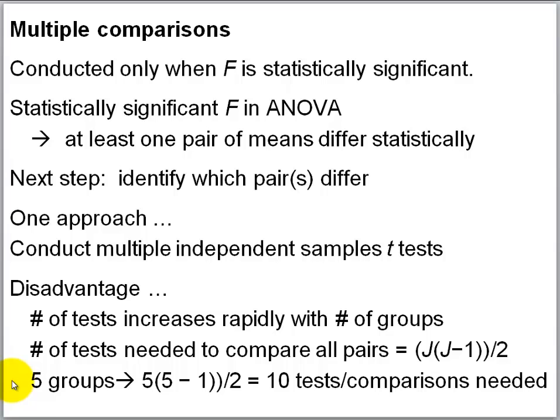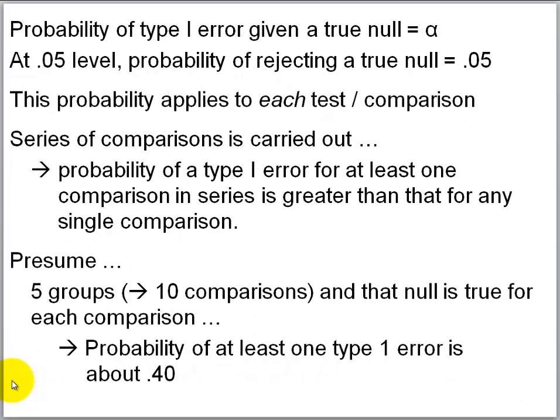or 10 different comparisons. Now, recall that a type 1 error is the error of rejecting a true null. The probability of type 1 error given a true null equals alpha. For instance, at the 0.05 level, the probability of rejecting a true null equals 0.05. Alpha is the same thing as the probability connected with the selected significance level.